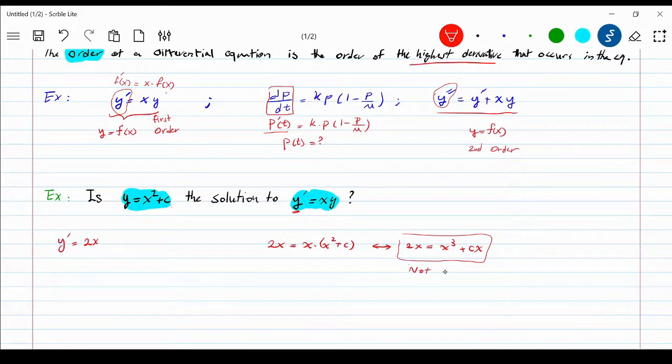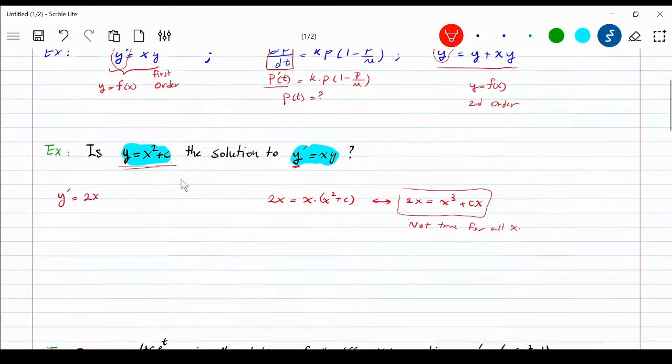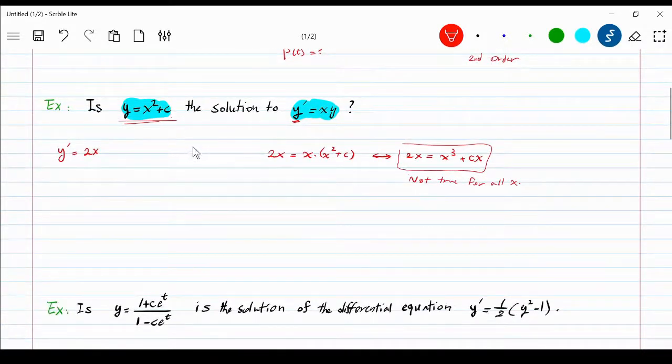It's not an equality for every x. Not true for all x. If it were true for all x, then you would consider this as the solution. So the solution should satisfy the equation. Later on you will see the solution to this equation, but normally if you check a solution, you just figure out the derivatives and replace them in the equation.